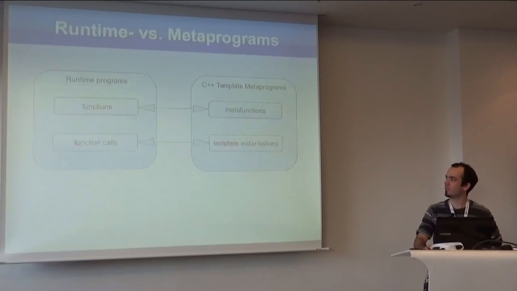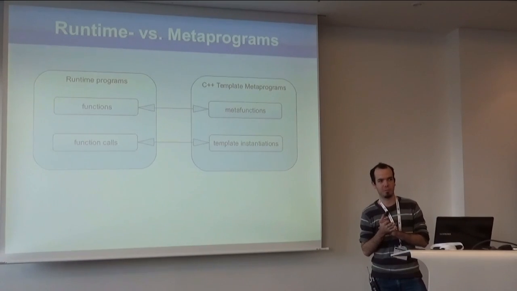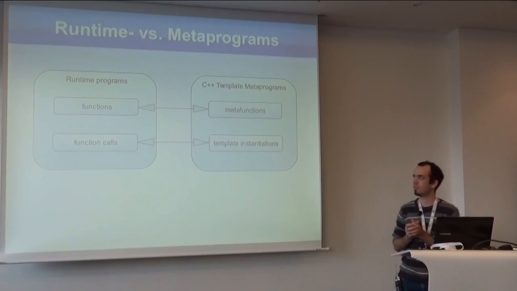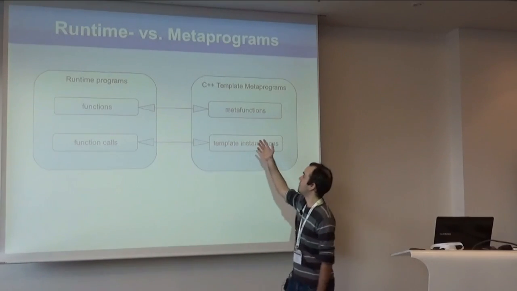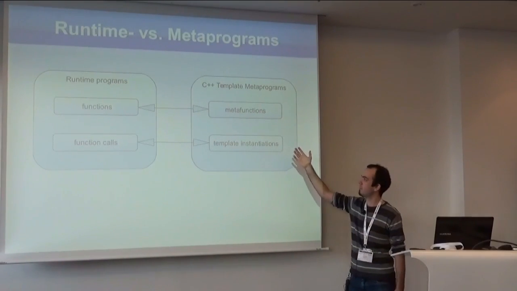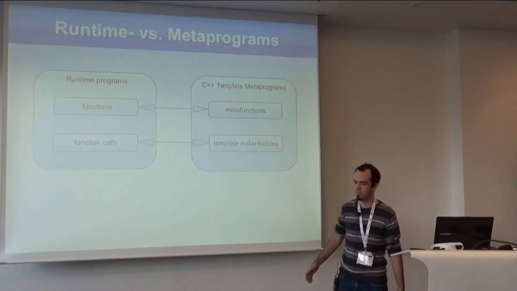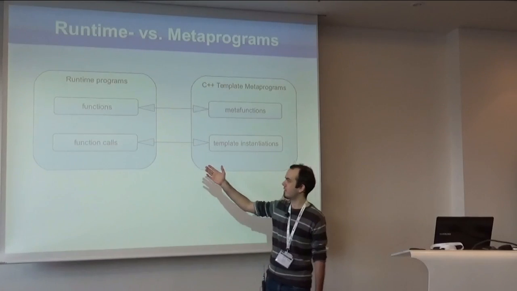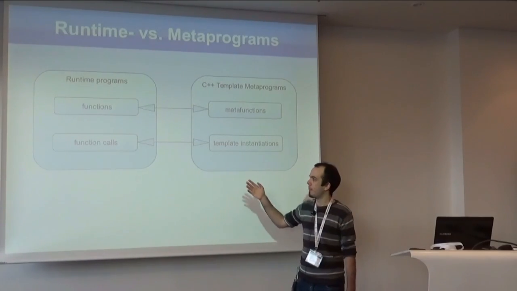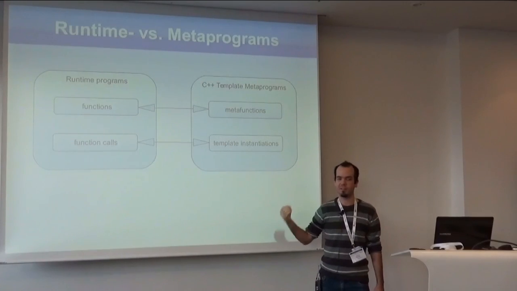Okay, so before we get to the demo, I would like to point out a few things which will be important. So of course, in runtime programs, we have functions. In template metaprograms, we call these metafunctions. And since template metaprogramming is a functional language, we only have function calls basically, but every time we call a template metafunction, a new type gets instantiated.